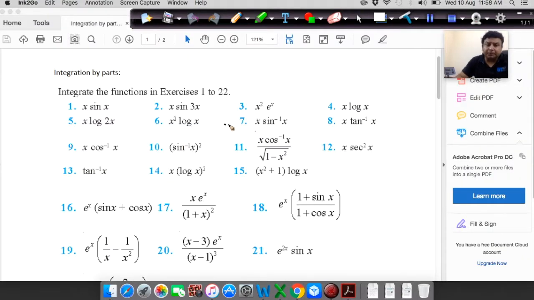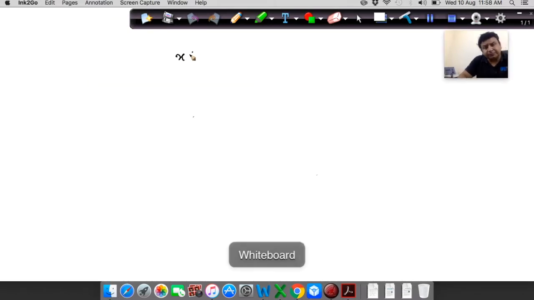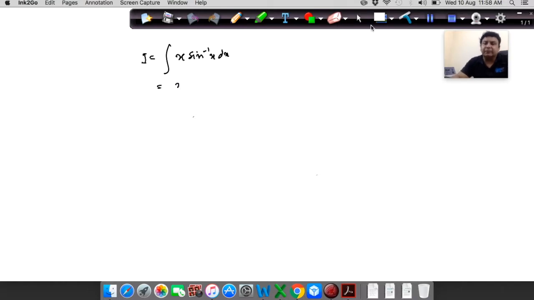Let's solve this one. This will be a nice sum. x sin inverse x. So what do you take as first and second function? Obviously ILATE. So inverse, as I told you, will be the first function and x will be the second function.